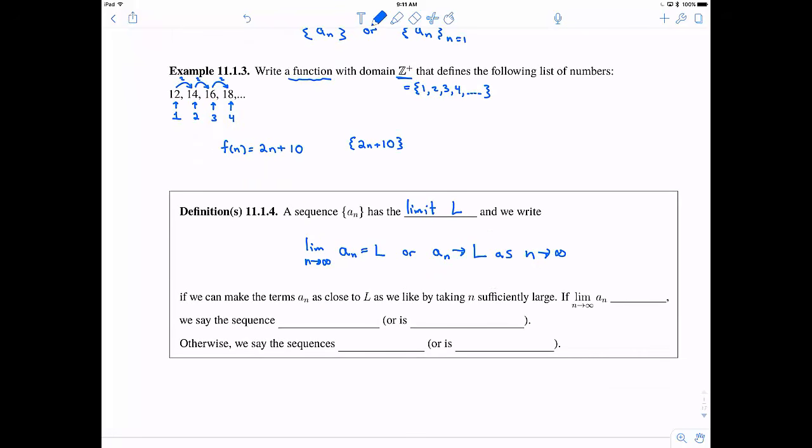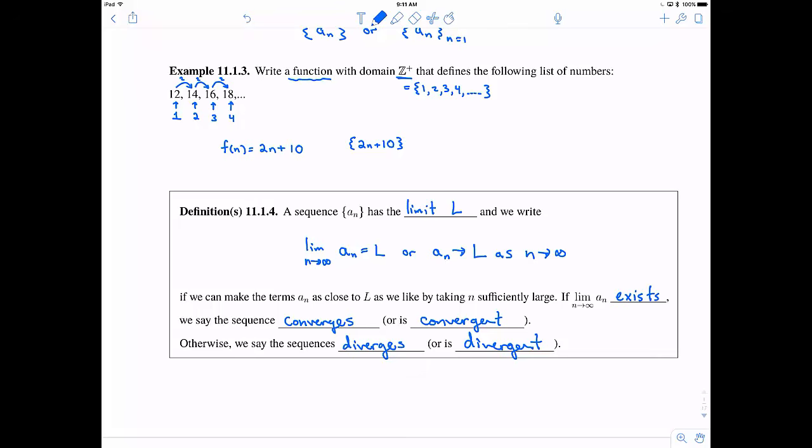All right, so this has a limit L if we can make the terms a sub n as close to L as we'd like by taking n to be sufficiently large. So if this limit exists, then we say that the sequence converges, or is convergent. Otherwise, we say that the sequence diverges or is divergent.